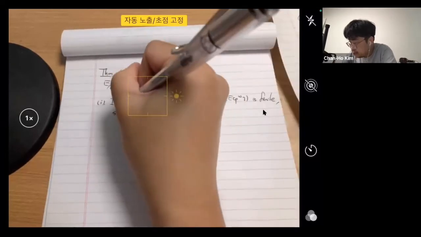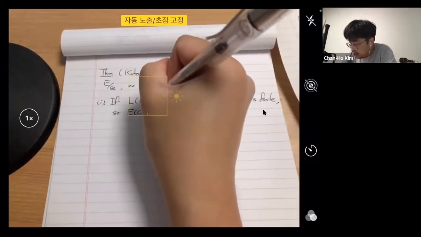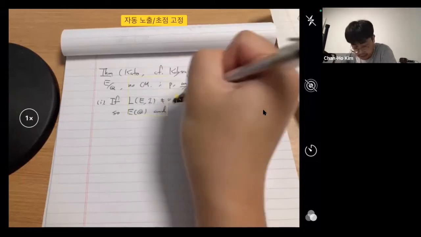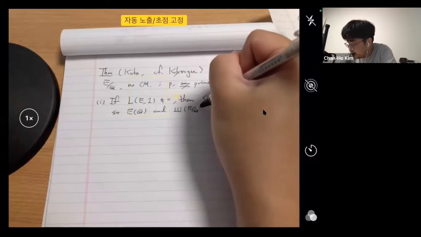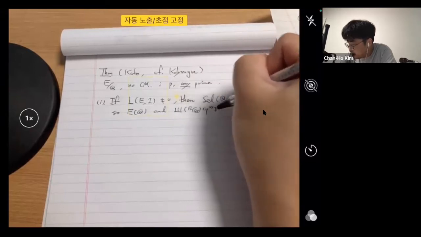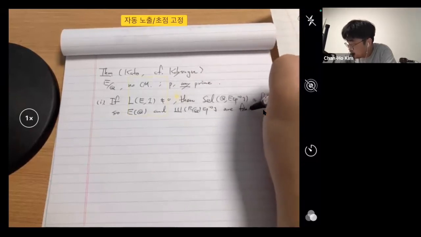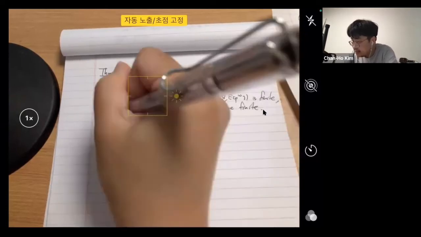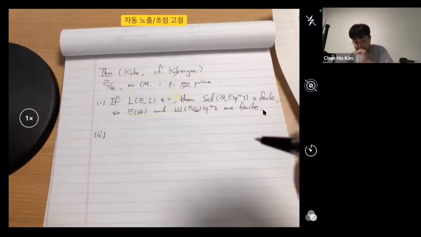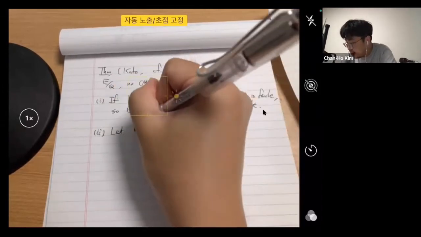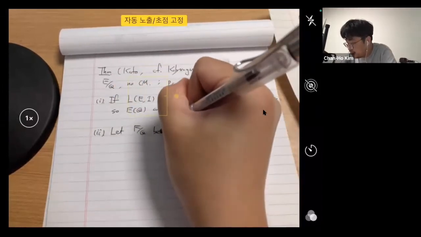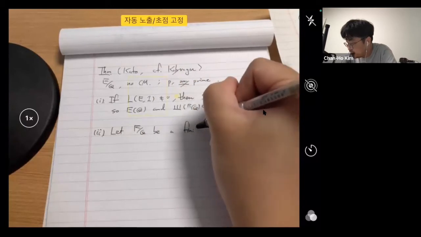So not only the rational points, but also the p part of the Tate-Shafarevich group is finite. And second, some twist is allowed. So let F over Q be a finite abelian extension.